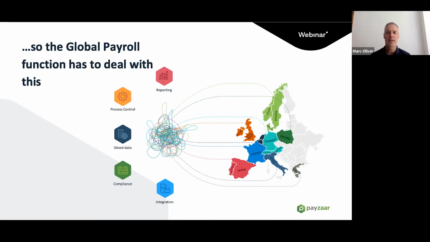Each country has its unique, different local operating procedures, processes, data silos that they work in, different ways of how information is communicated from HR into payroll, from payroll back out to finance, from payroll to the employee in form of pay slips and other tax-related documents.